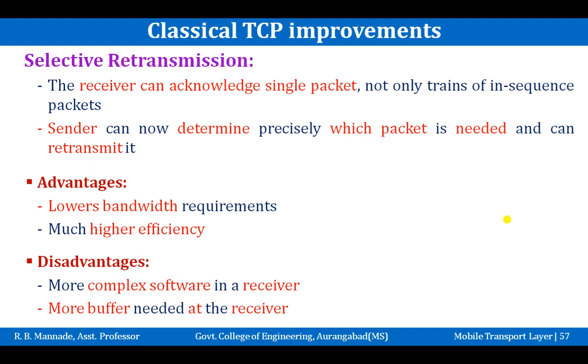For proper retransmission in case packets are lost, more buffer is needed at the receiver in order to save the packets which are in transit. So this was all about selective retransmission, an enhancement of the TCP protocol.